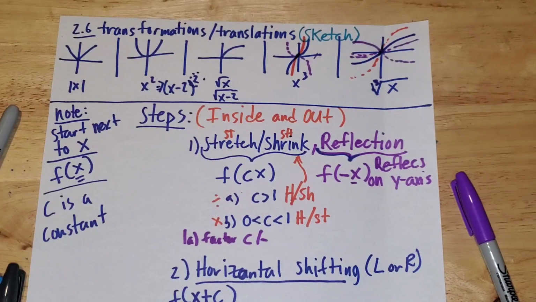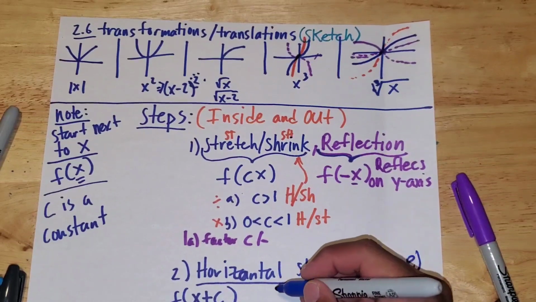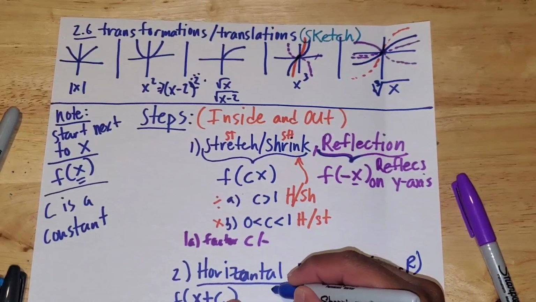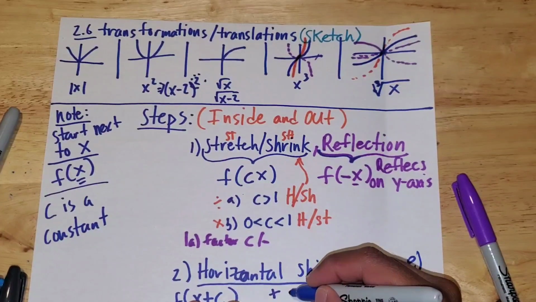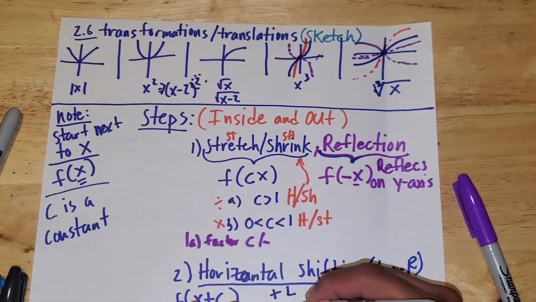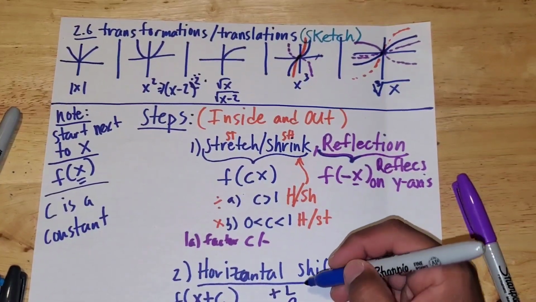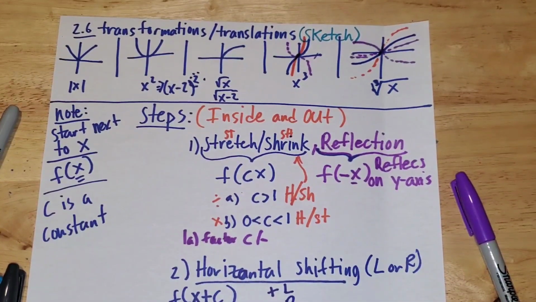So what I mean by that is if it's positive, you're actually going to move it to the left, whereas if it's negative, you're actually going to move to the right. You're moving the function, not anything else. It's just the function that's going to move left to right.